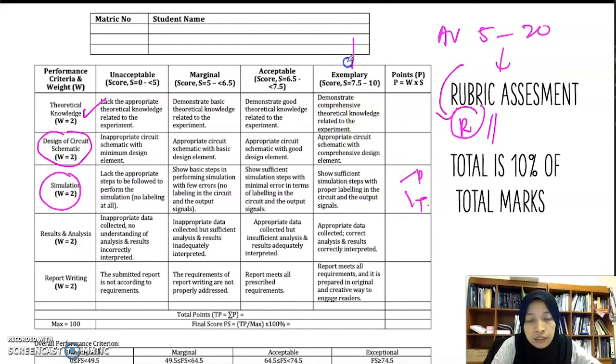Okay, this is the best output, the highest mark, what you call exemplary. You need to have detail on the theory and derivation, and then a proper schematic.